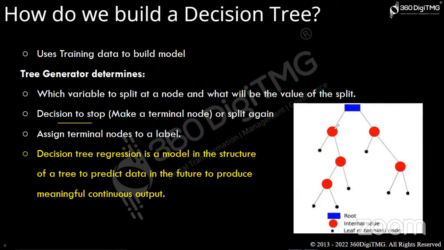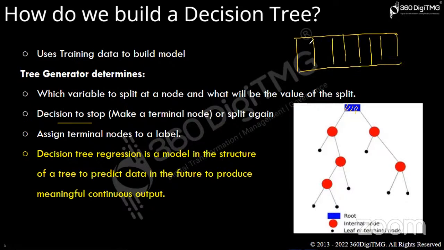If I am saying this is the root, what is it about? If I have some data here, I am going to take any of these values and work on these values. So this will be my root node.